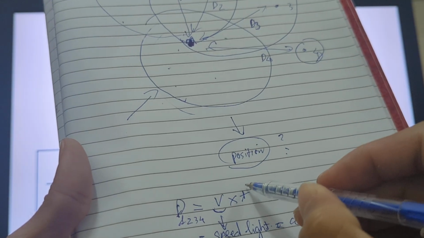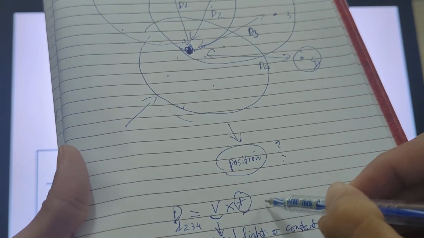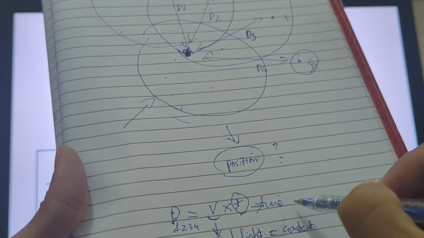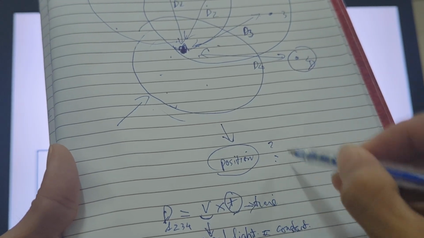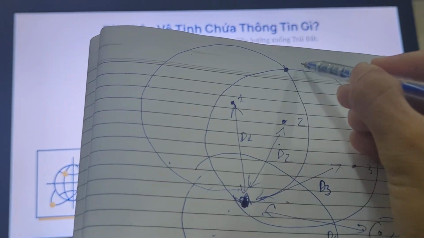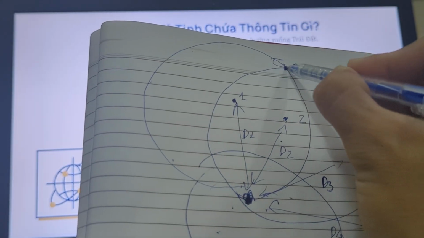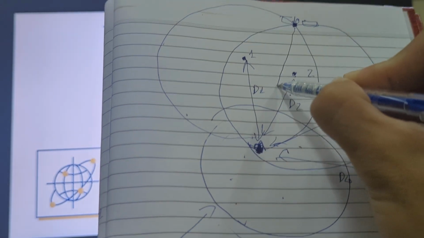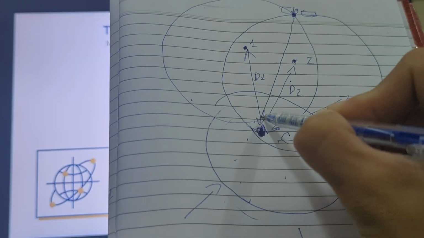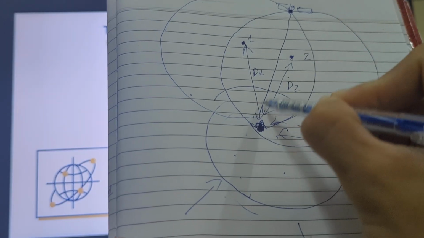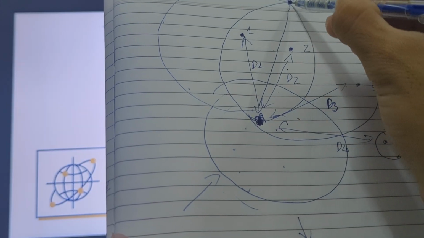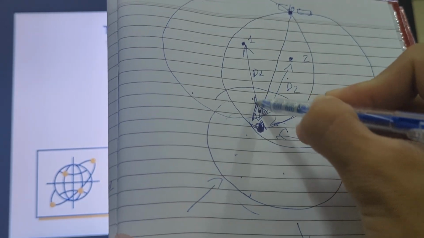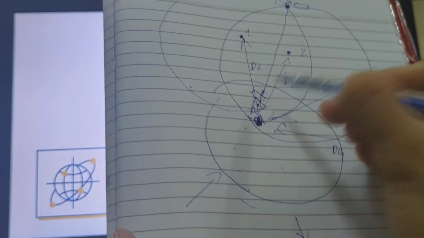And t is the time that the signal from the satellite took to travel from the satellite to the receiver on the Earth.